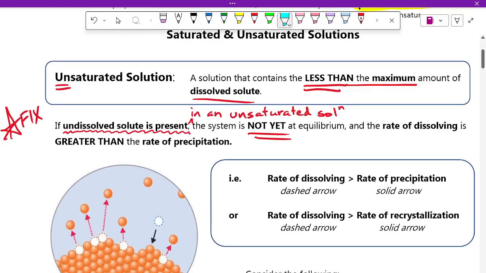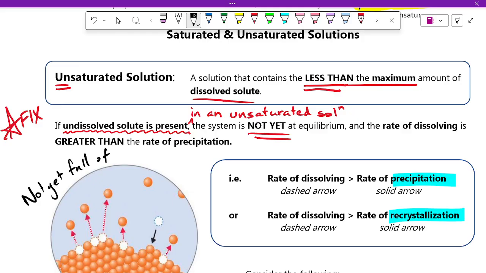The words precipitation and recrystallization mean the same thing. Is that good? Okay.